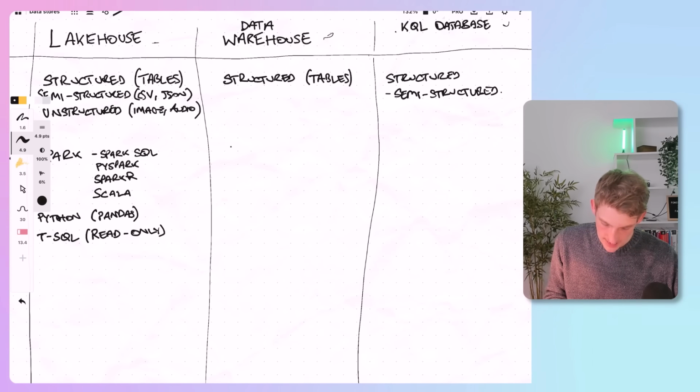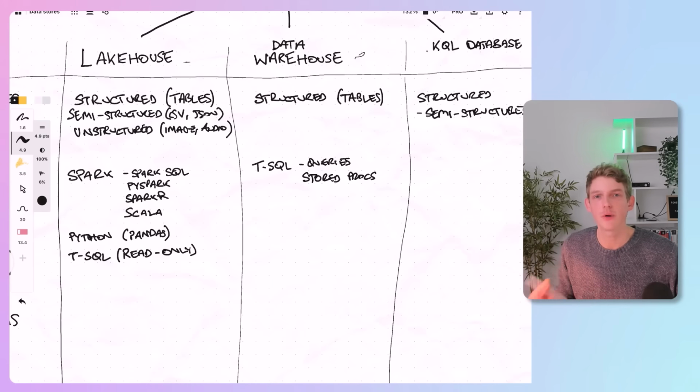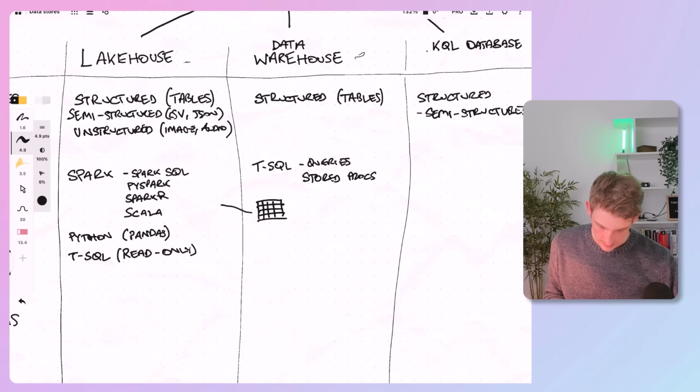In the data warehouse, really, we only have T-SQL, right? So we can write queries, stored procedures, all that kind of stuff there. Now, one thing to bear in mind here is that if you have a table in your data warehouse, then there is an option to shortcut that into the Lakehouse, right? So this is my shortcut logo, very bad.